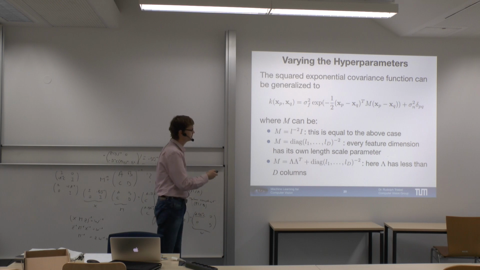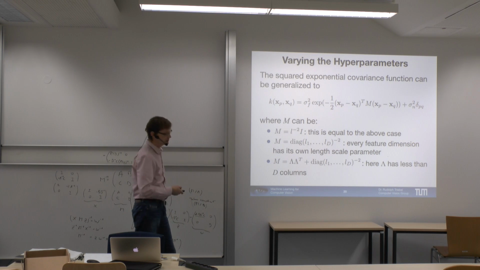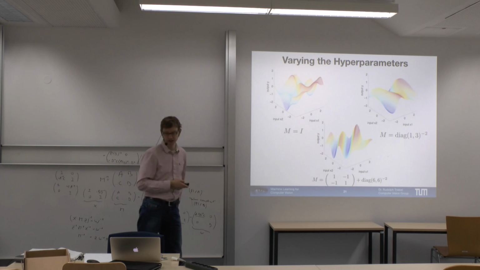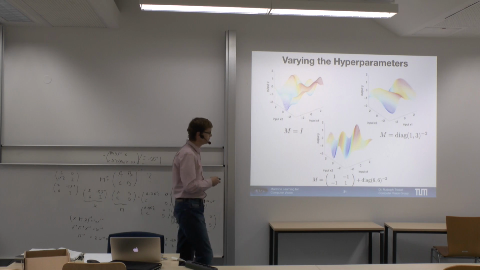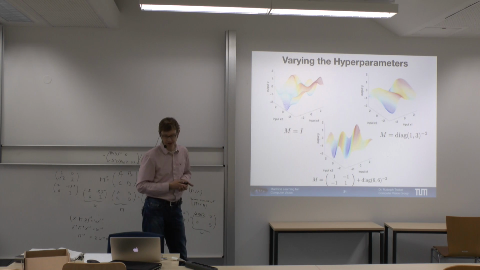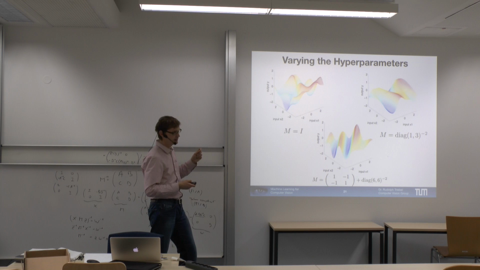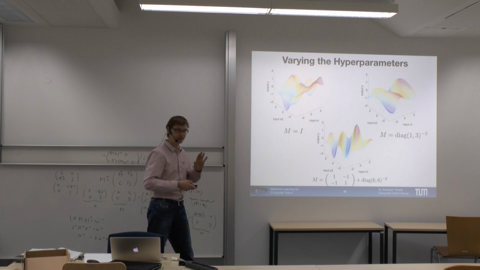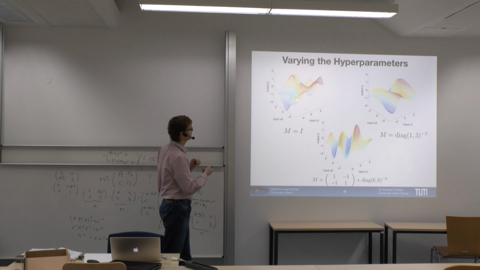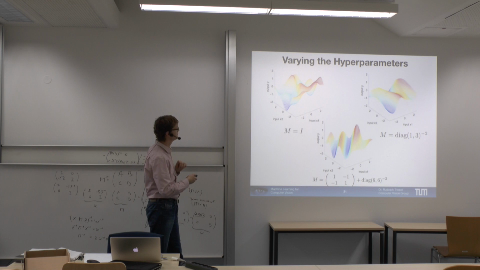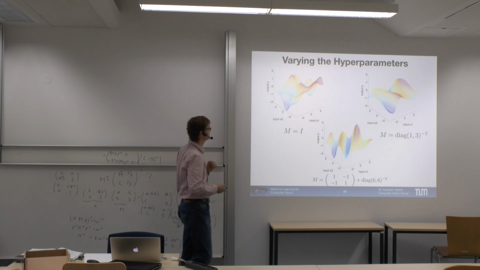And for different cases of this matrix M, we have different types of covariance functions. So this is just to show you that there might be different ways of constraining the covariance functions, right? Instead of having one length scale for all feature dimensions, you could have a different length scale for every feature dimension. So this would be the same length scale for both feature dimensions.